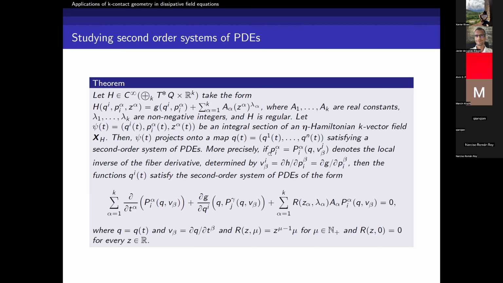More precisely, if this denotes the local inverse of the fiber derivative, then the functions satisfy the second order system of partial differential equations of the form like this.